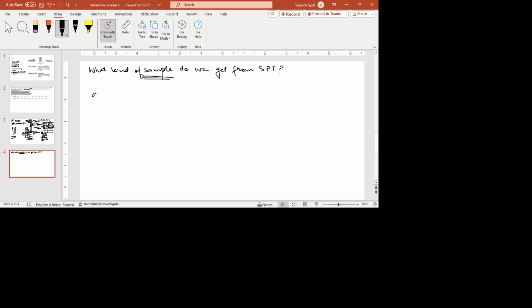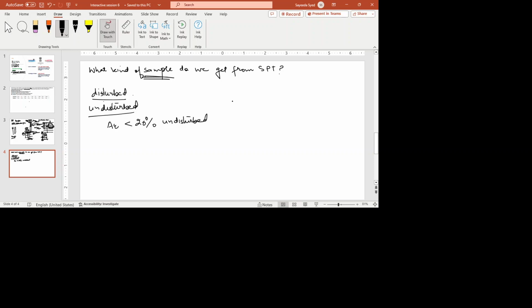There are disturbed samples and there are undisturbed samples. And how do we know if a sample is disturbed or undisturbed? We calculate the area ratio of the sampler, and if it is less than 20%, then it is undisturbed, and if it is more than 20%, then it is disturbed.